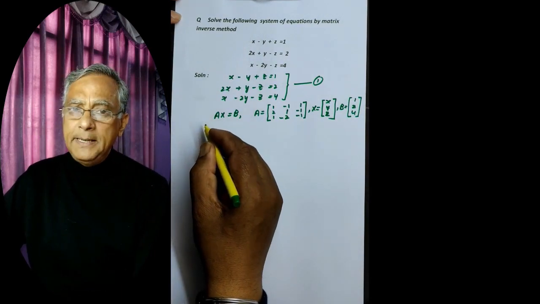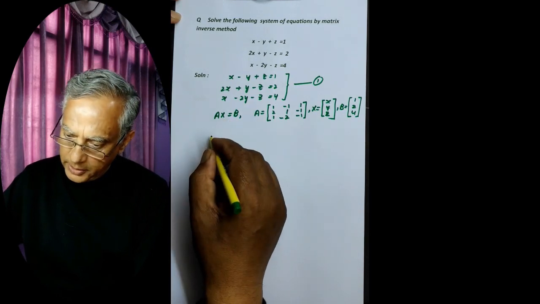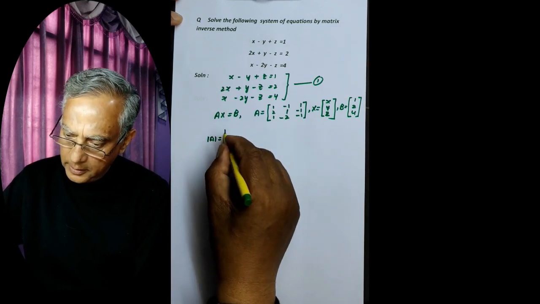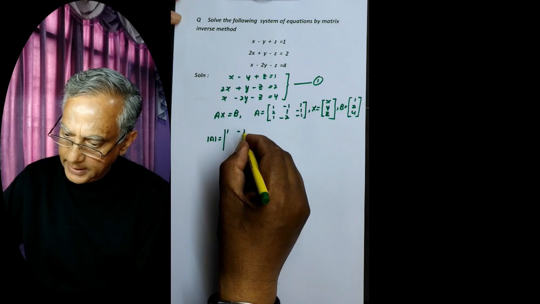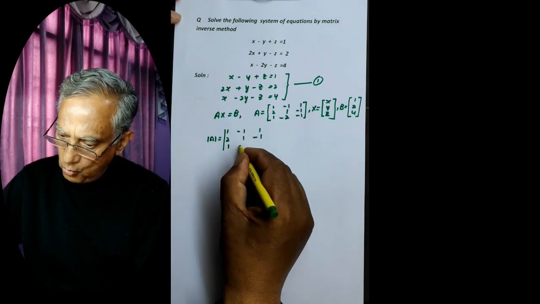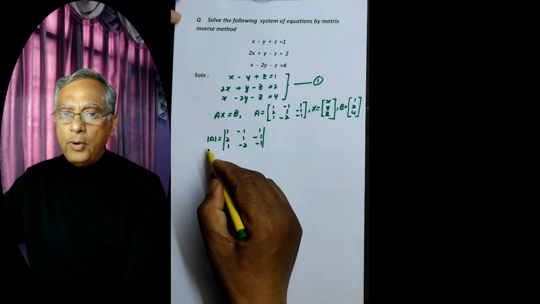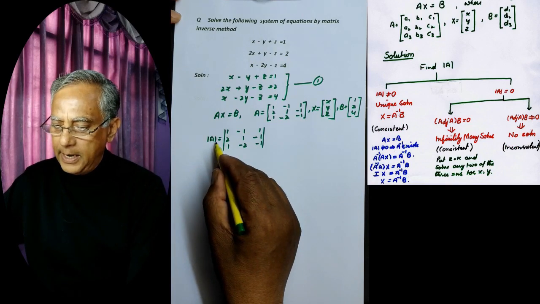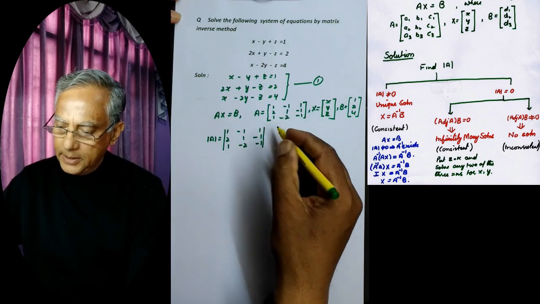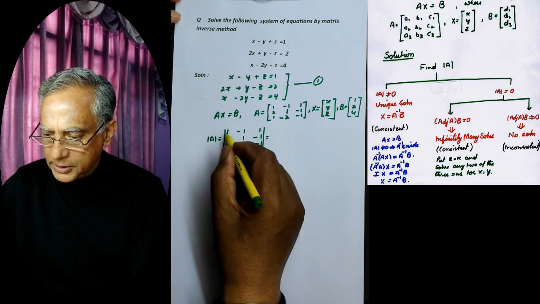Now first step is we find determinant of A. Determinant of A is equal to determinant of the matrix with rows 1, minus 1, 1; 2, 1, minus 1; 1, minus 2, minus 1. And this is equal to 1, expand by this row.